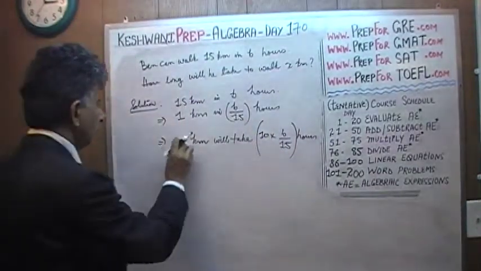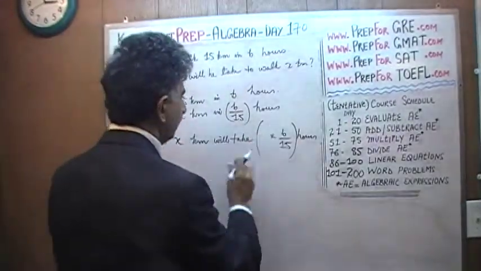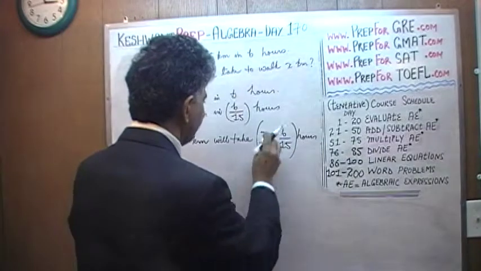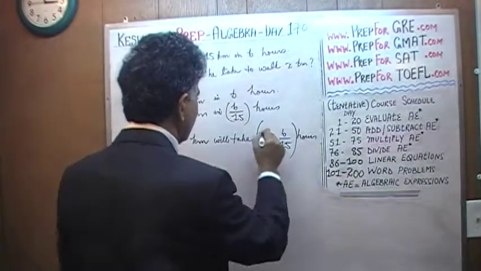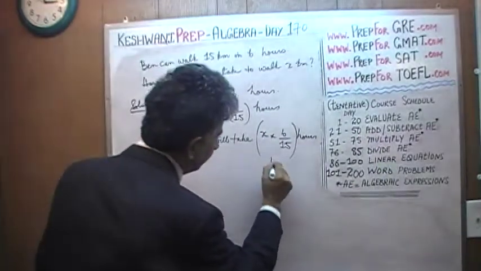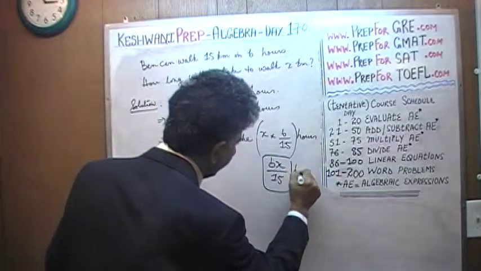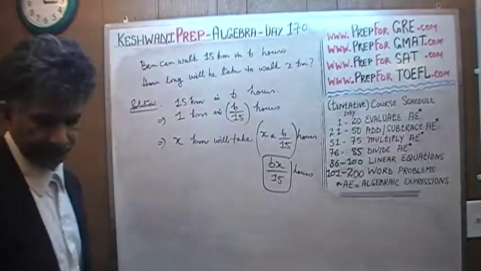He's walking X kilometers. X kilometers will take X times this amount of time. And of course, when you simplify it, it's just Bx over 15 hours. That's our answer.